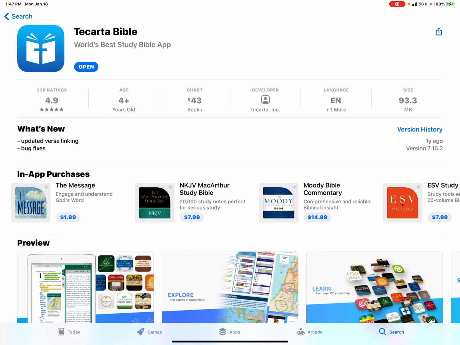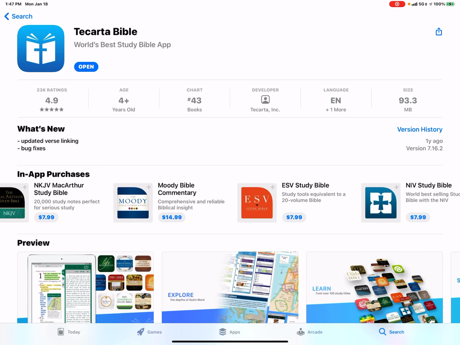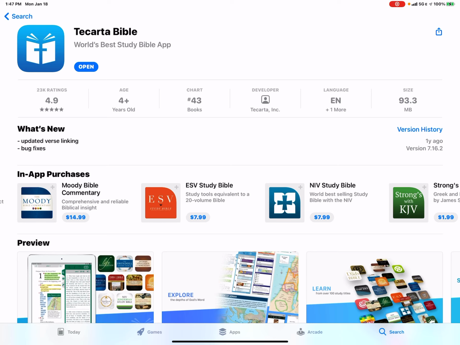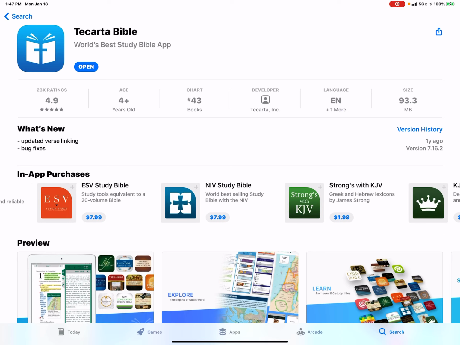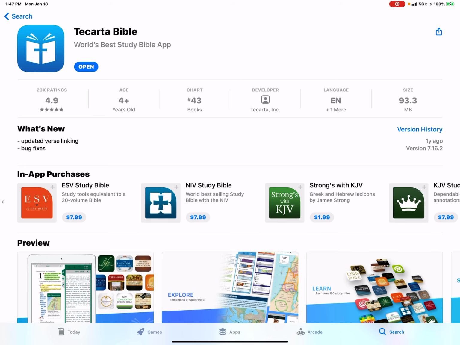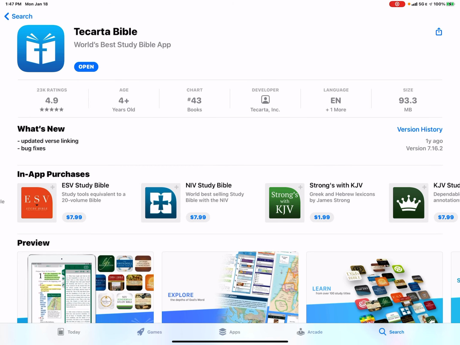The Message, the New King James Version of MacArthur Bible, Moody Bible commentary, ESV. One of my favorites is the Strong's with the KJV, and we'll take a look at that when we go into the app. But it's free to get the app, and then there are in-app purchases.